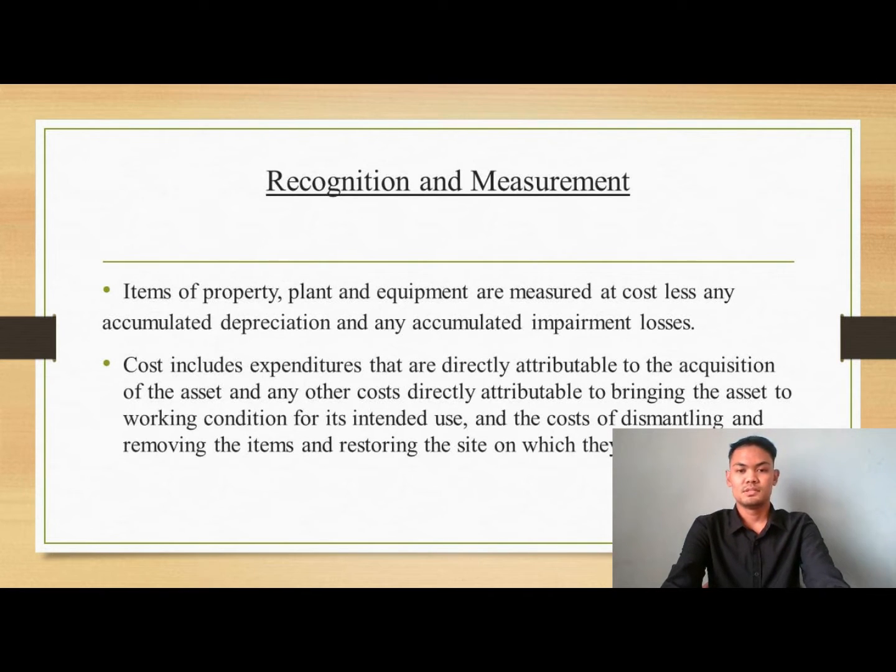Cost includes expenditures that are directly attributable to the acquisition of the asset and any other costs directly attributable to bringing the asset to working condition for its intended use, and the cost of dismantling and removing the items and restoring the site on which they are located.